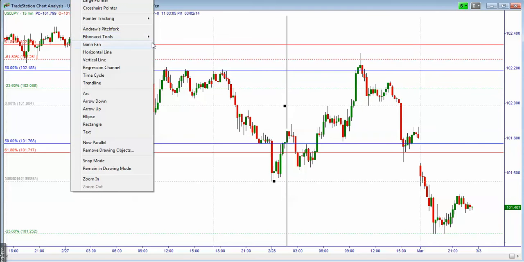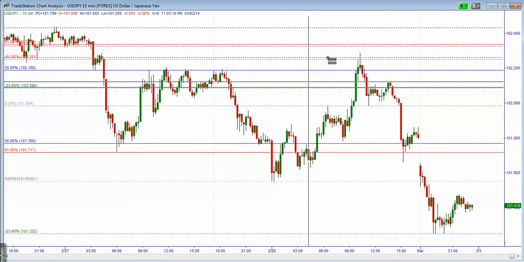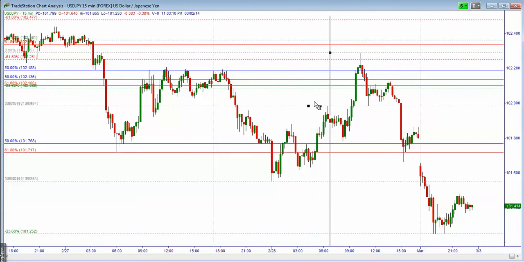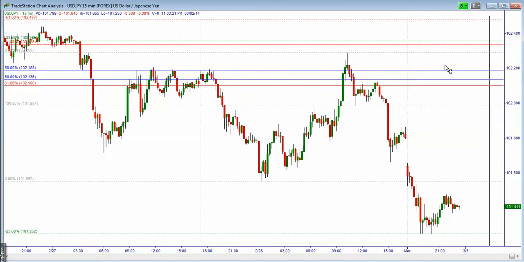So once the next level in the next measure move in the sequence fails, then you could have sold at 102.10 with a stop above 102.30 here.